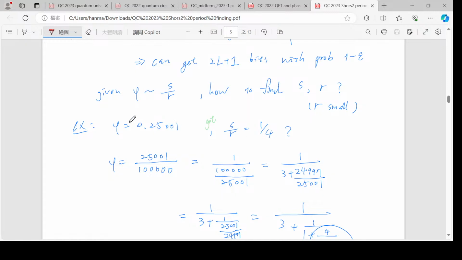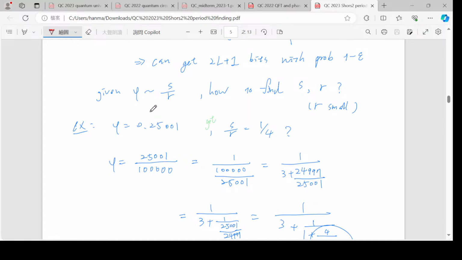It's like this. Let's say our psi is, we don't use a binary string here, but it's similar in binary or decimal, 0.25001, because you can always convert your binary string to a decimal string with finite bits.